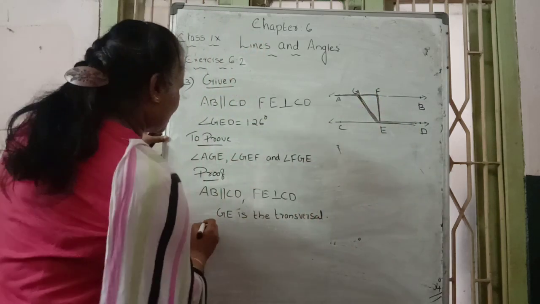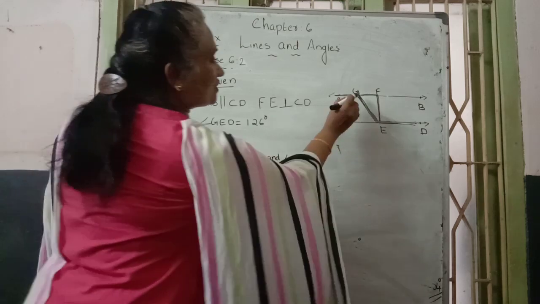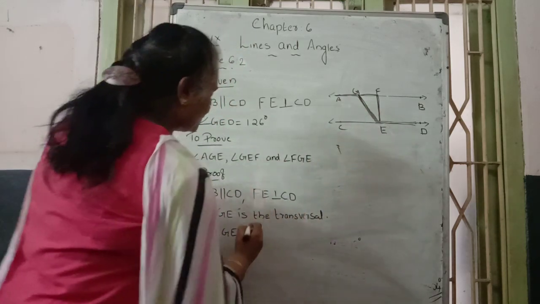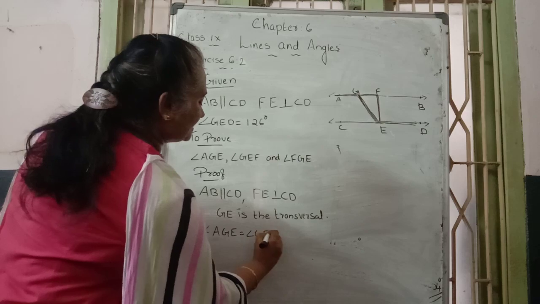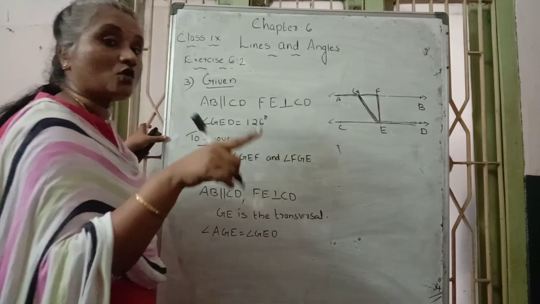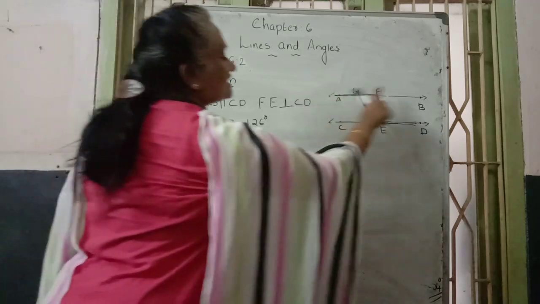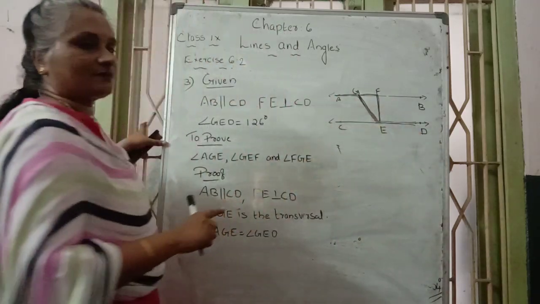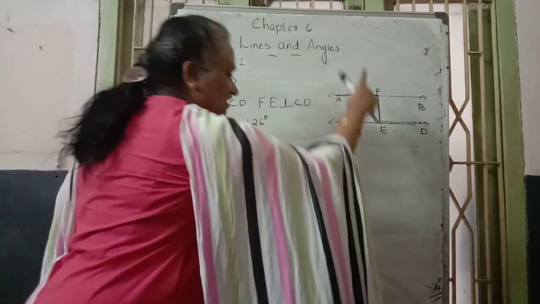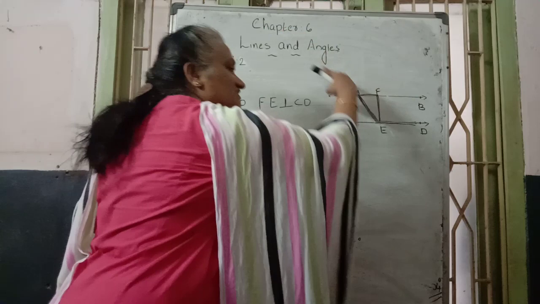So we can write angle AGE is equal to angle GED. Here they are equal. What is the reason? They are alternate interior angles. Why? Here they have already given that AB line and CD line are parallel, and EF is perpendicular to ED, and the transversal line is GE.